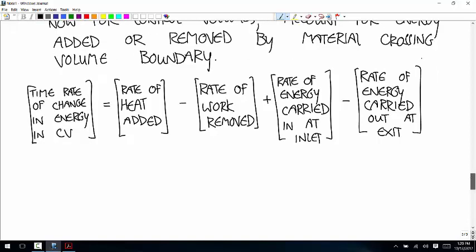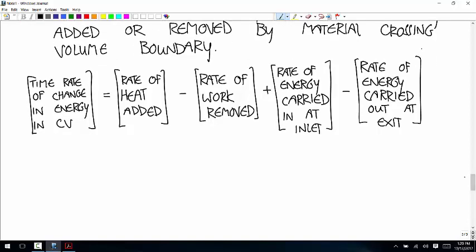So now we can write an equation that represents this. The time rate of change in energy in the control volume, that's the dE/dt for the energy in the control volume. And that's equal to Q dot minus W dot.